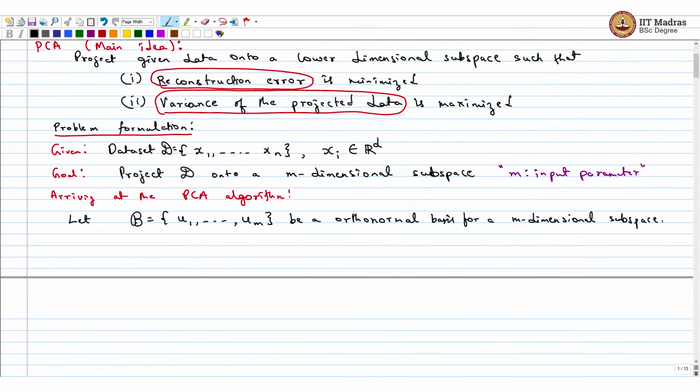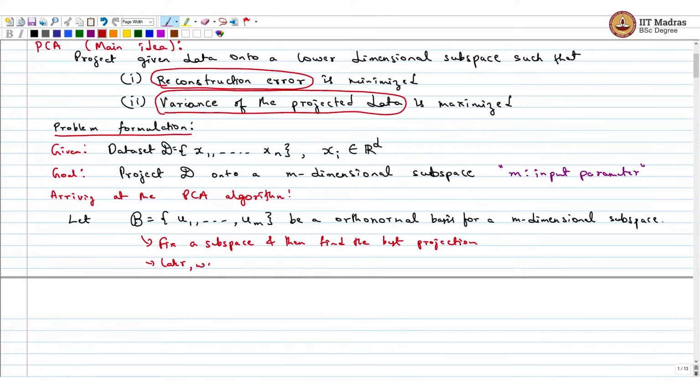Let's understand this. So the way to understand this is fix a subspace and then find the best projection. Okay, that's what we do.